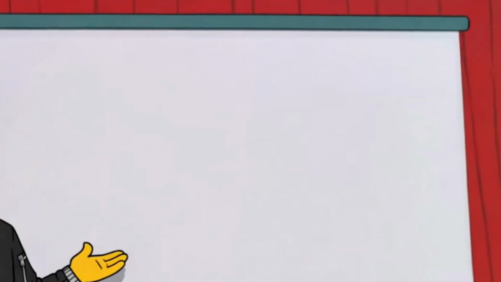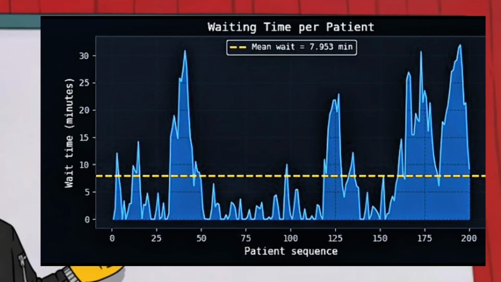This graph shows the individual experience of the 200 patients. Each point represents a person. The 45 points exactly at 0, 22.5% of the total, are the lucky patients who arrived when the doctor was free. The highest point is patient 195, who waited 31.9 minutes.